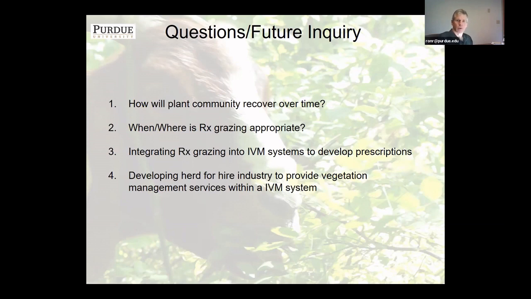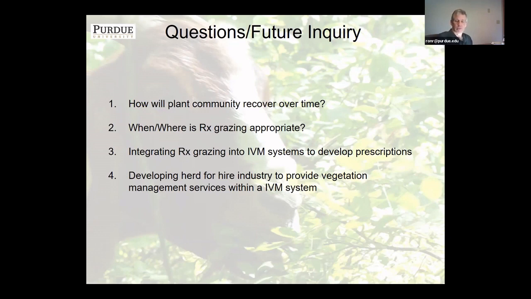Another question would be when and where prescribed grazing is appropriate. So, looking at integrating prescribed grazing into integrated vegetation management systems and developing prescriptions, it's an important next step. One of the real challenges to implementing prescribed grazing, at least in Indiana, is developing a herd for hire industry.